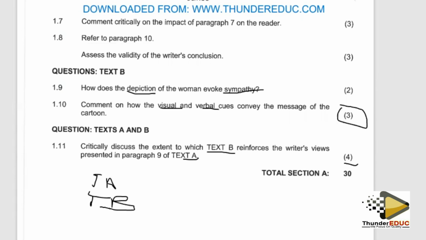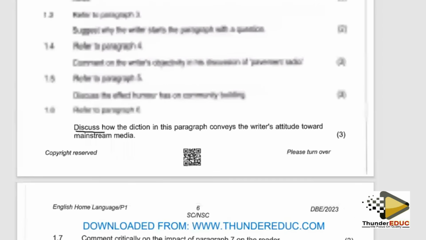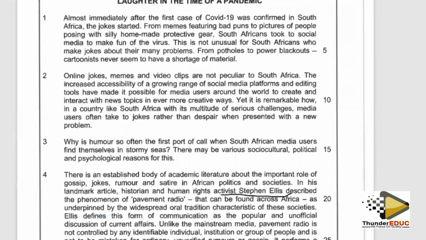So I need you guys to always go to text A, paragraph 9, and then you're going to extract what is necessary now for you to give how it is reinforced in text B. Let's go to text A, paragraph 9, and see what we are taking out.